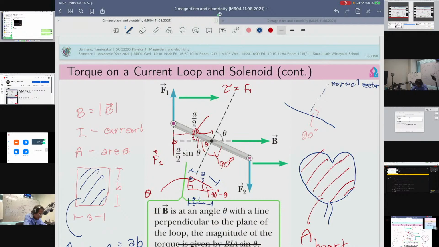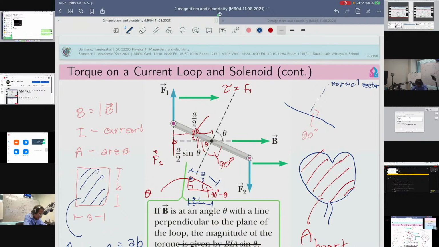added to each other like this. If we get into the detail from what we have learned before, F is I L B sine theta, the magnitude. You can see here that F is ILB, from this expression. And what is vector L? Vector L is the vector that follows the direction of the current.